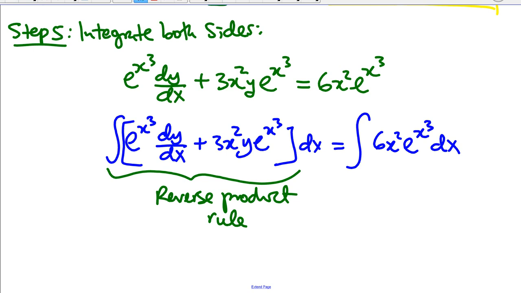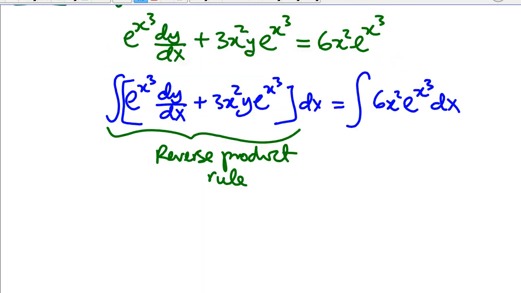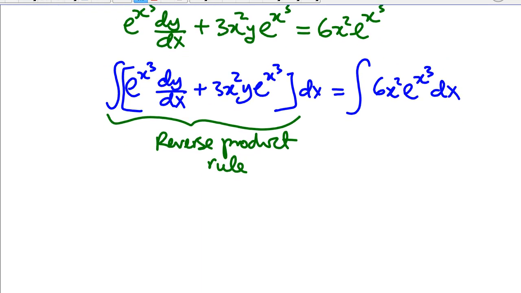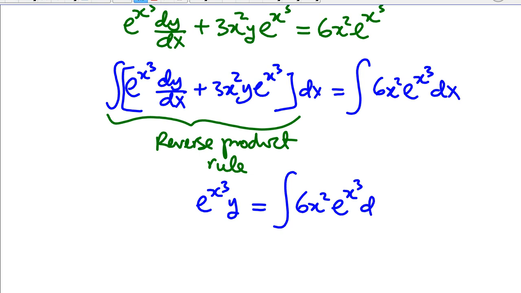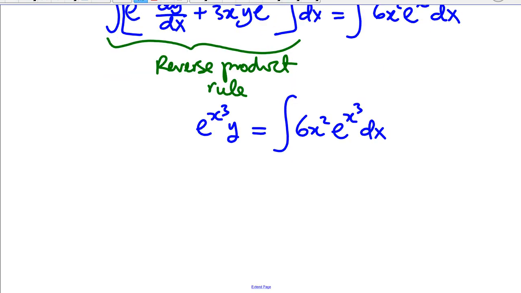So I'll end up with e to the power of x cubed y equal to the integral of 6x squared e to power x cubed dx.